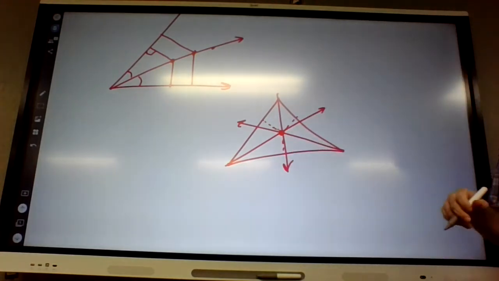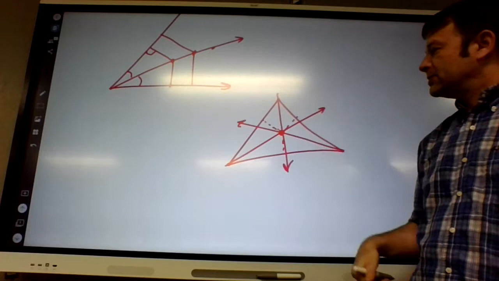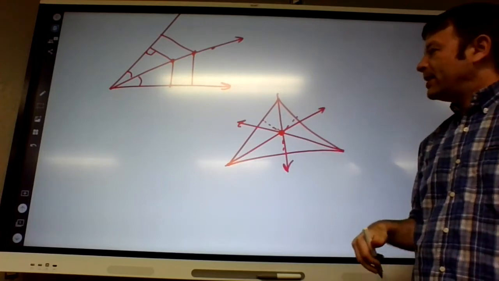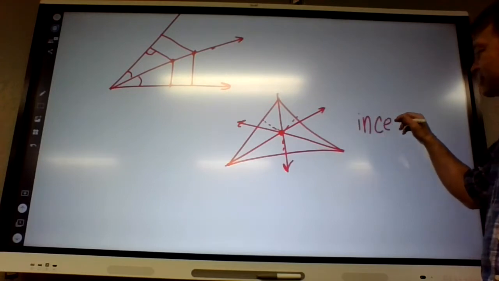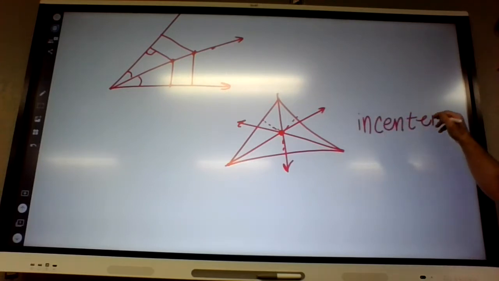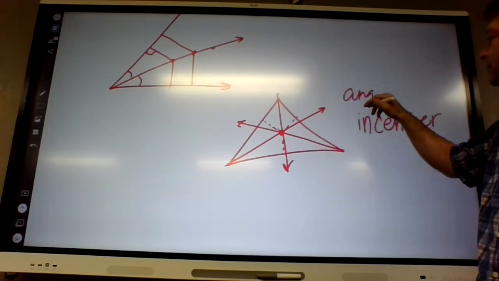It's kind of hard to see, but it's the same distance from each side. The point that they meet at is called the incenter. This is for angle bisectors.